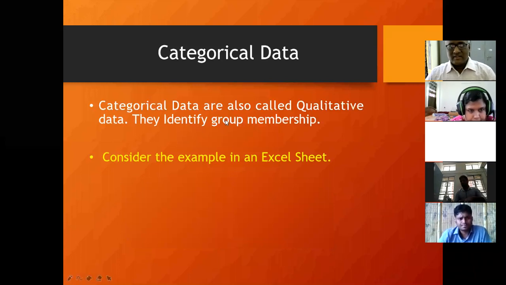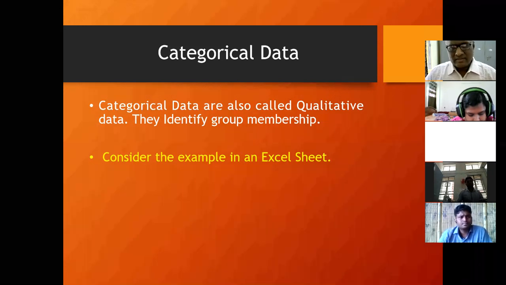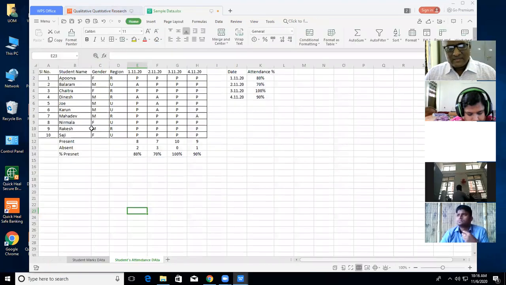Categorical data are also called qualitative data. Some attributes, qualitative variables, we group them into some groups. Just now we have seen the example of the Excel sheet here. Students' names are there here. We have grouped the students into two categories of gender, male and female. We have classified them by region, rural and urban. We can create so many categories like this here.